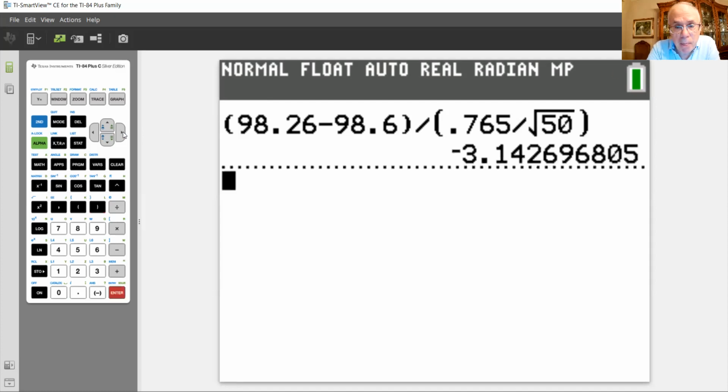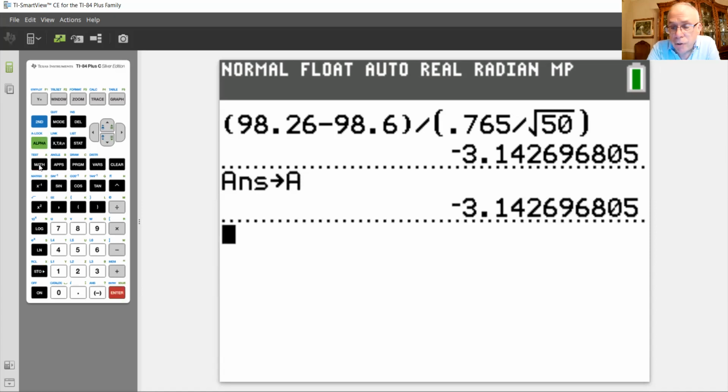I'm going to hit enter, and that is my test statistic. Now, because in step number 3 you're calculating the test statistic, you may want to store it into an alpha character, like alpha A. So that's what I'm going to do. I'm going to store the test statistic in alpha A and hit enter.